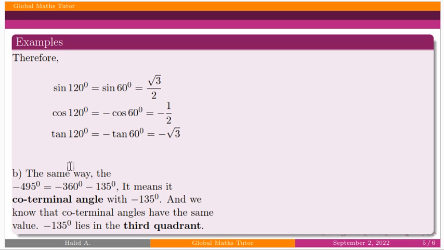The same way, minus 495 means in the clockwise direction it rotates one full rotation, which is minus 360, and then minus 135 degrees. In the clockwise direction it passes minus 90 degrees, which is the negative y-axis, so it will be in the third quadrant. In the third quadrant, we know from All Students Take Coffee that only tan is positive and sine and cos are negative. Then we find the reference angle for minus 135.